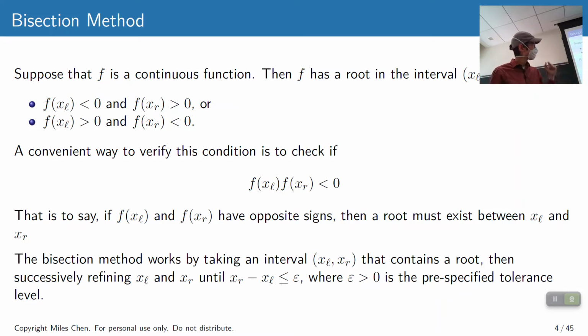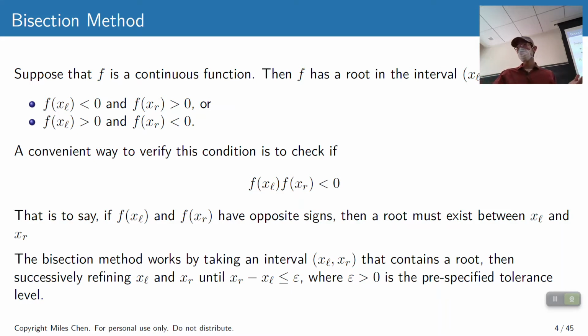If we evaluate the function at X on the left and X on the right, and one side is positive and the other side is negative, and we know it's a continuous function, then there has to be a root somewhere in there.